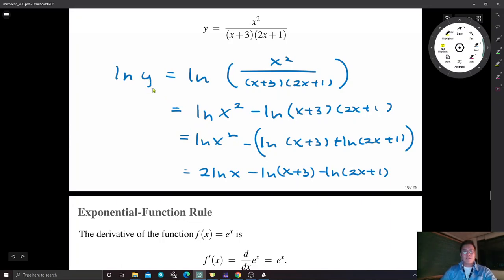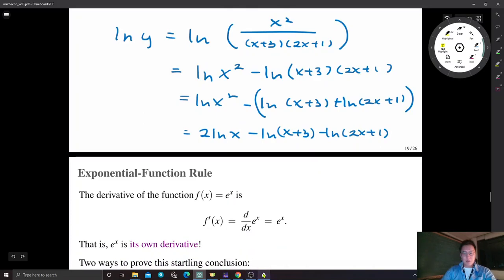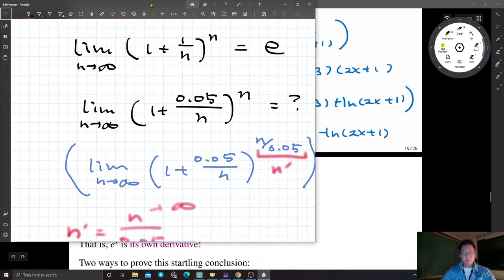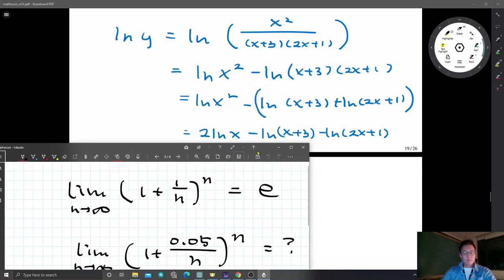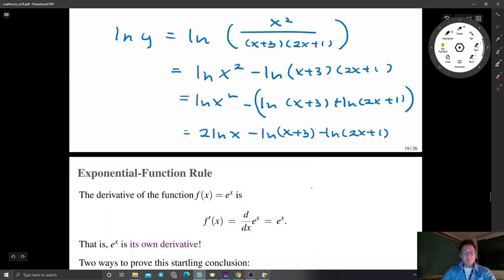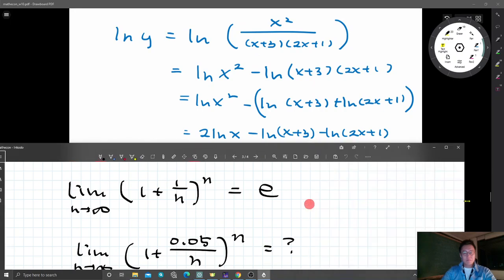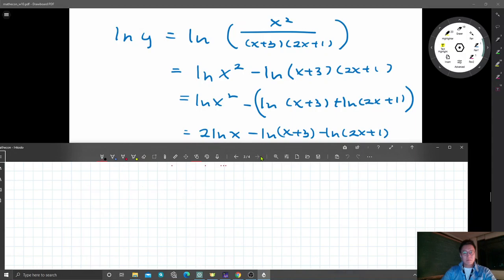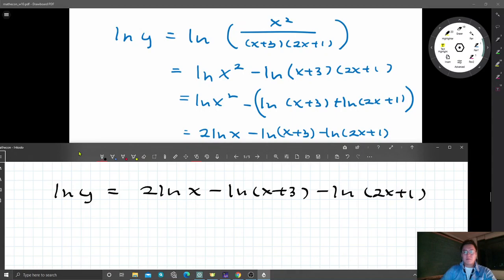So after taking the natural logarithm, then we take the derivative, take the total differential. So I have ln y equals 2 ln x minus ln x plus 3 minus ln 2x plus 1.